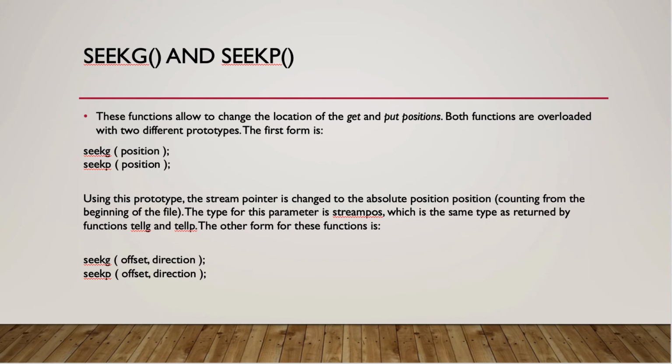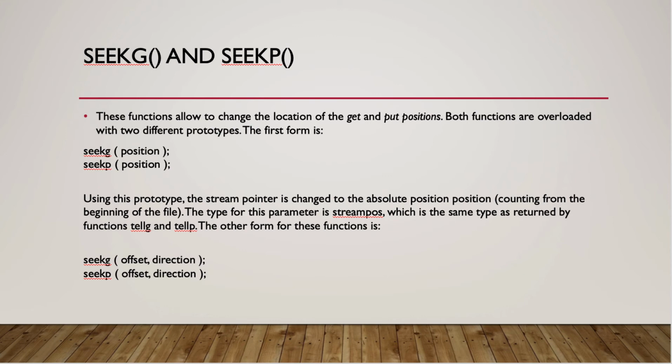Remember, that is absolute, not relative, so it counts from the beginning of the file. The type for this parameter is streampos, the same type returned by tellg and tellp.